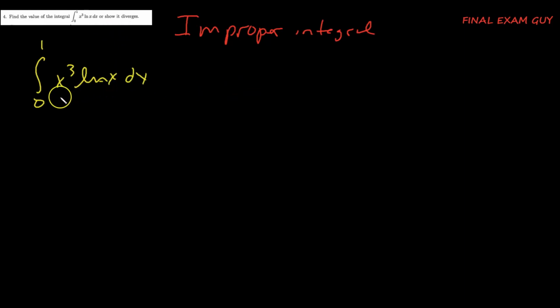You get an improper integral when one of your bounds plugged in leads to something that doesn't exist or is not defined. Sometimes improper integrals come with an infinity sign in them, and then you know it's an improper integral. But to transform an improper integral of this kind, you would rewrite it as the limit as t approaches 0 of the integral from t to 1 of x cubed ln x dx.